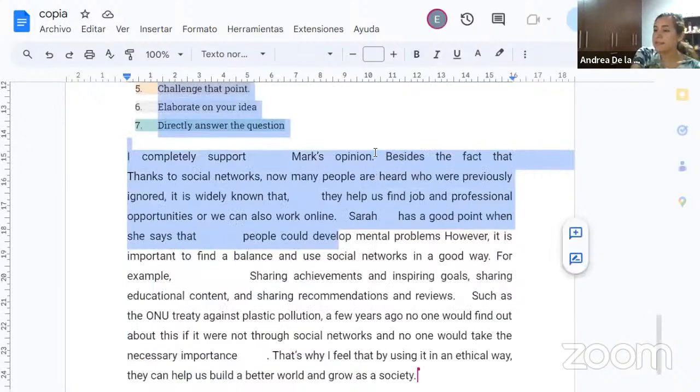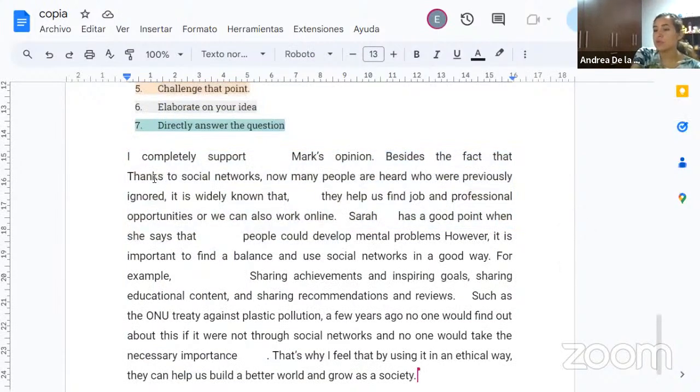We're going to say, besides the fact that thanks to social networks, many people who were previously ignored are now heard, maybe. That's the phrasing.